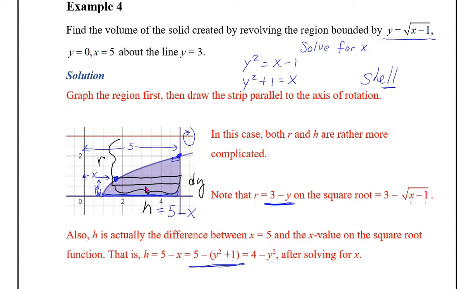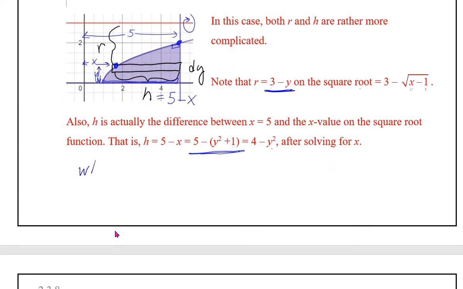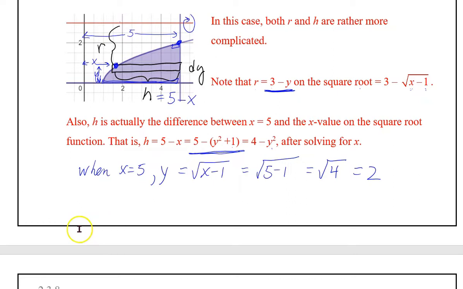We need to know when x is 5, what that y value would be right there. So we can write when x equals 5, y, which is equal to the square root of x minus 1, becomes the square root of 5 minus 1, which is the principal square root of 4, or 2. This means that our limits of integration go from y equals 0 on the x-axis to y equals 2.